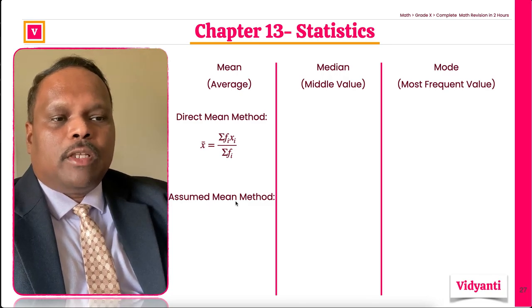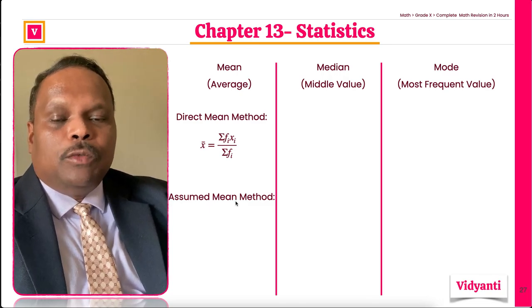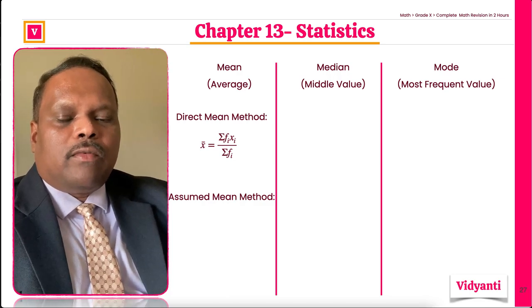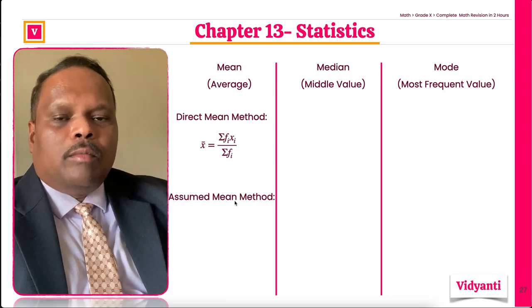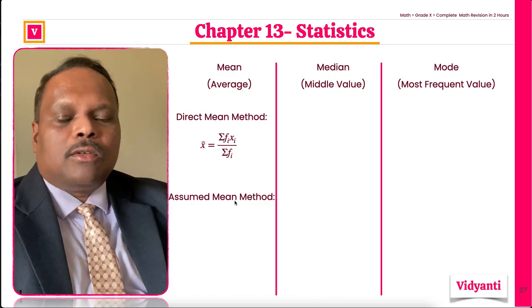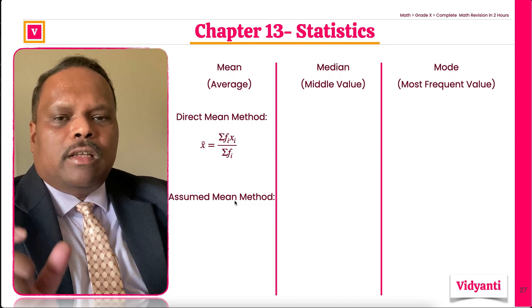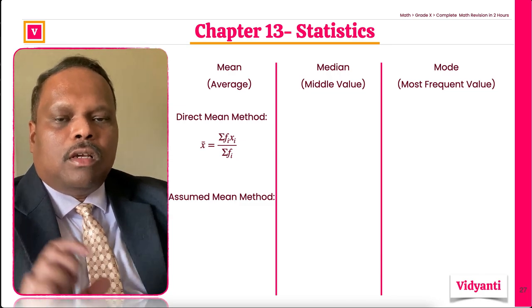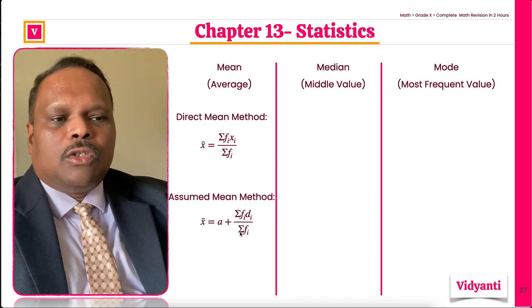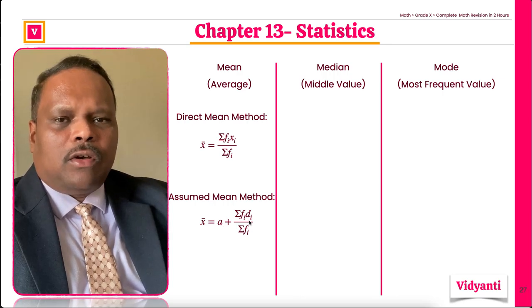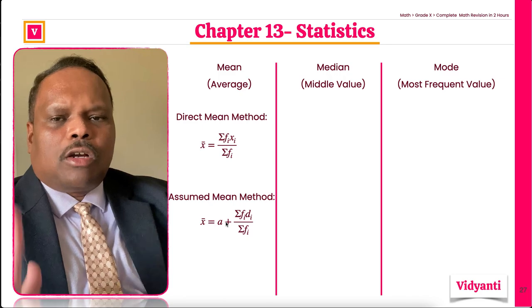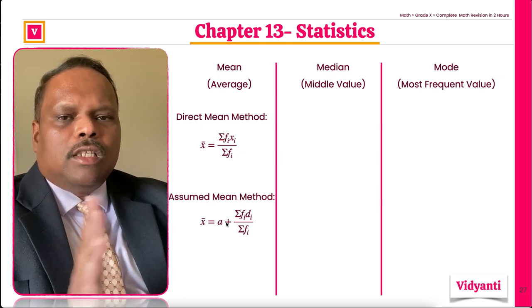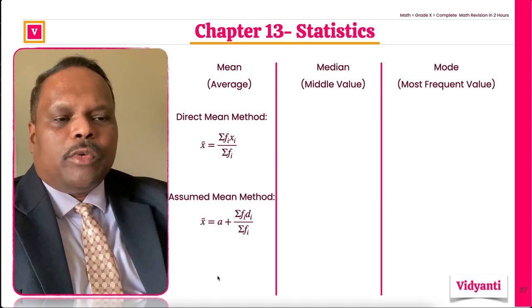One is assume mean method, where you assume certain mean and you keep it as a reference, and instead of adding all numbers from grassroots level, from wholesale level, you are only considering their deviations or their differences. So here A is the assumed mean and then D is the deviation or differences.